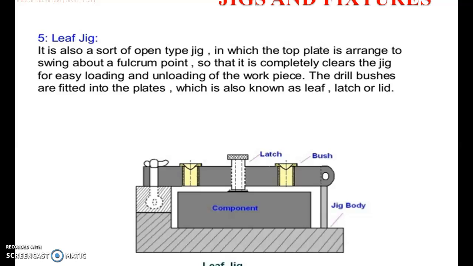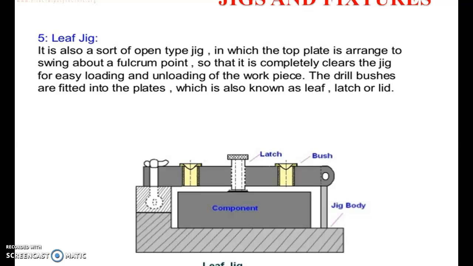It is also a sort of open type jig in which the top plate is arranged to swing about a hinge point so that it completely clears the jig for easy loading and unloading of the workpiece. That means when you open this, for easy removal of the workpiece, this type of lip jig is used so that clamping and unclamping operations can be easily performed by the operator.